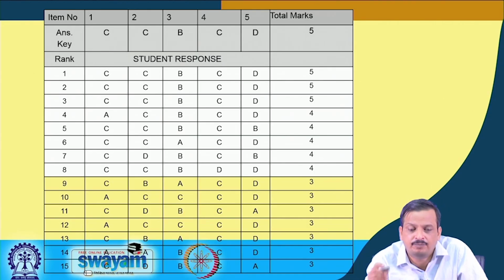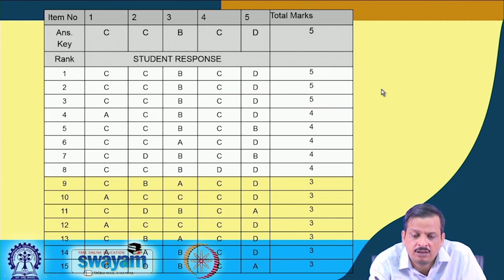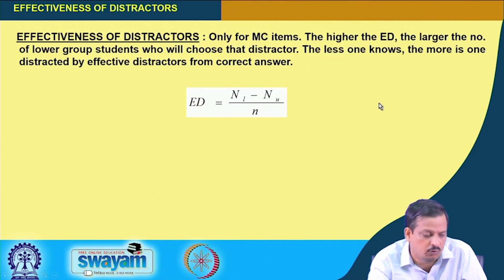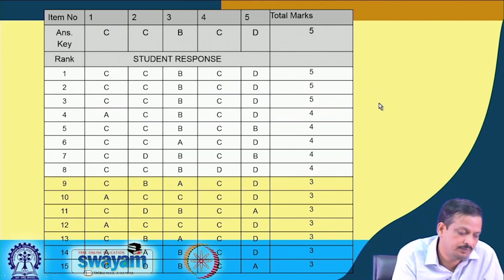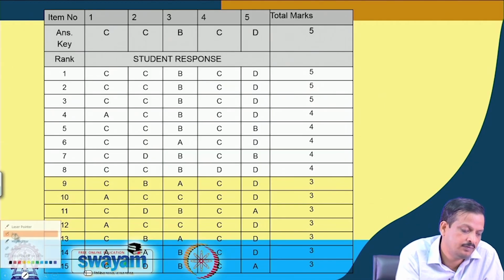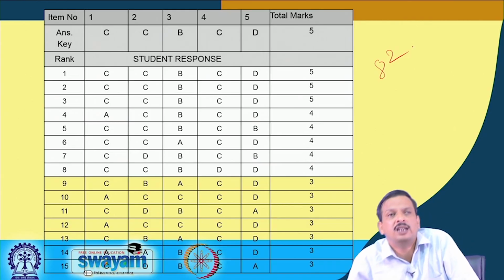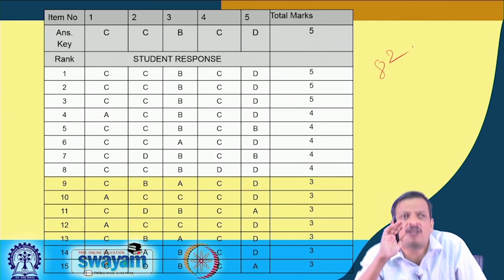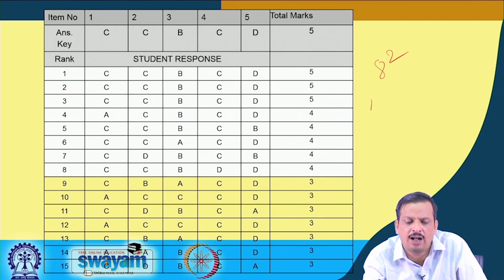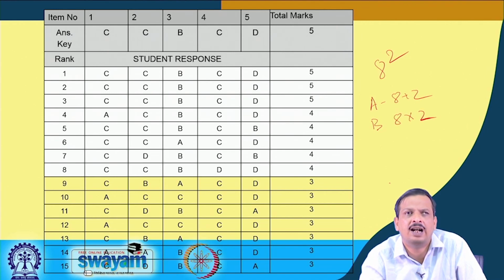For example, suppose we take 8 to the power 2. What are the possible misconceptions? Number 1 misconception is 8 plus 2. Number 2 is 8 into 2, and C is the only correct answer, 8 into 8.